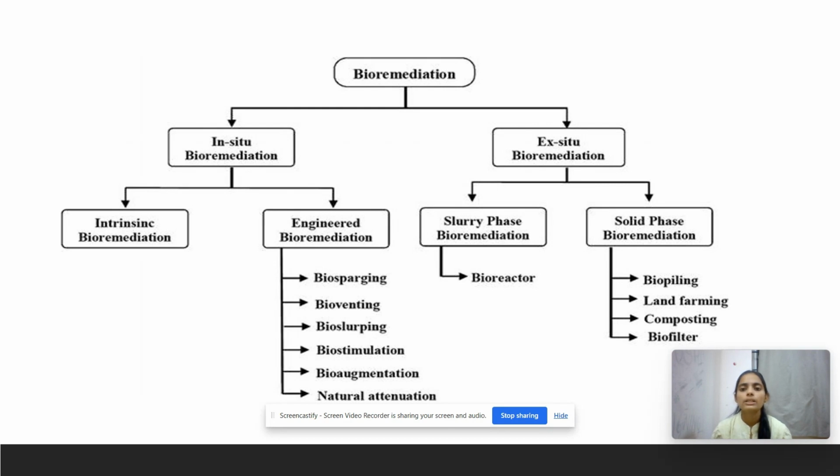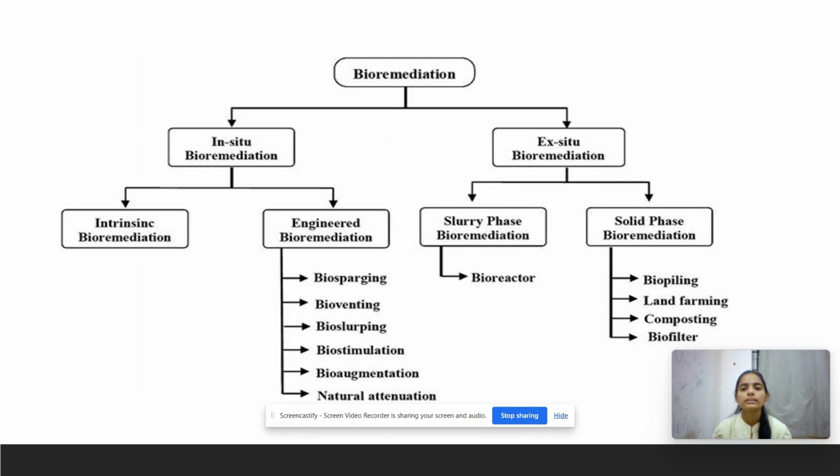Ex situ bioremediation is of two types, which are slurry phase bioremediation and solid phase bioremediation. In slurry phase bioremediation, the contaminants like sludge water, sewage water, etc. are treated in bioreactors or tanks. In solid phase biodegradation, it uses biopiling.